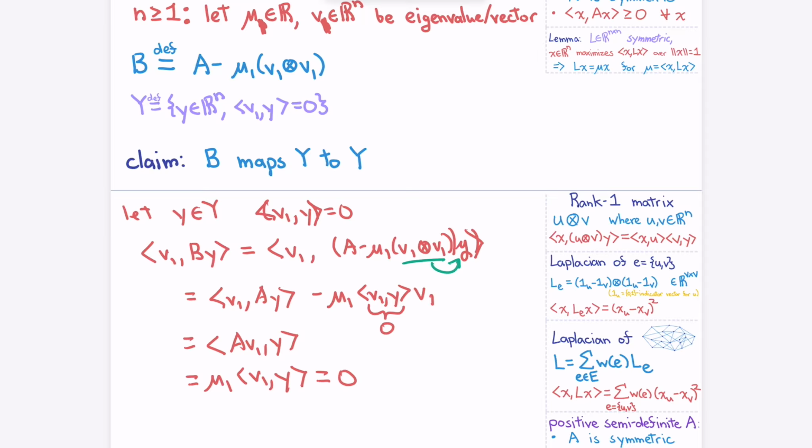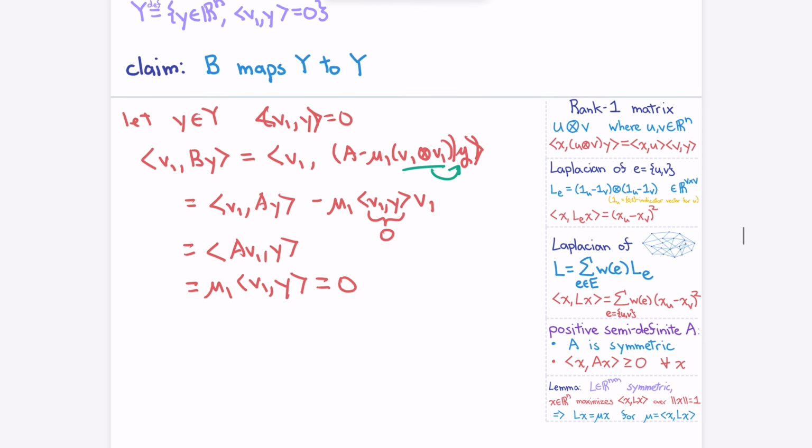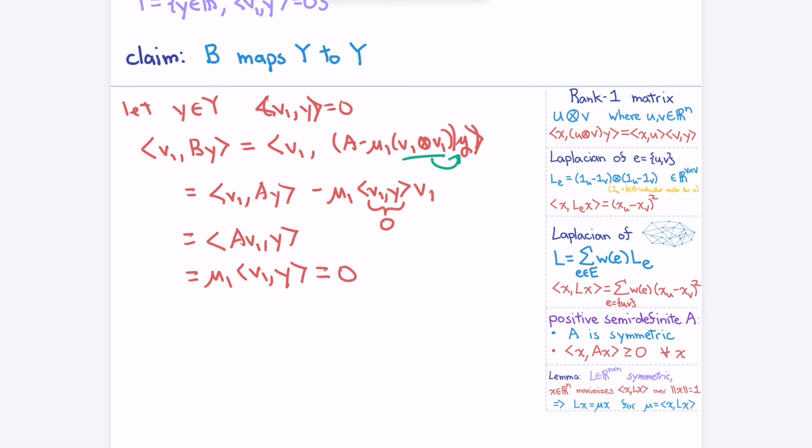Okay, but now that you have that, by induction, you can get an orthonormal decomposition and an eigendecomposition of B on Y. So now induction gives B equal to, I'll start counting from 2, mu2 v2 v2 transpose, all the way up to mu n vn vn transpose.